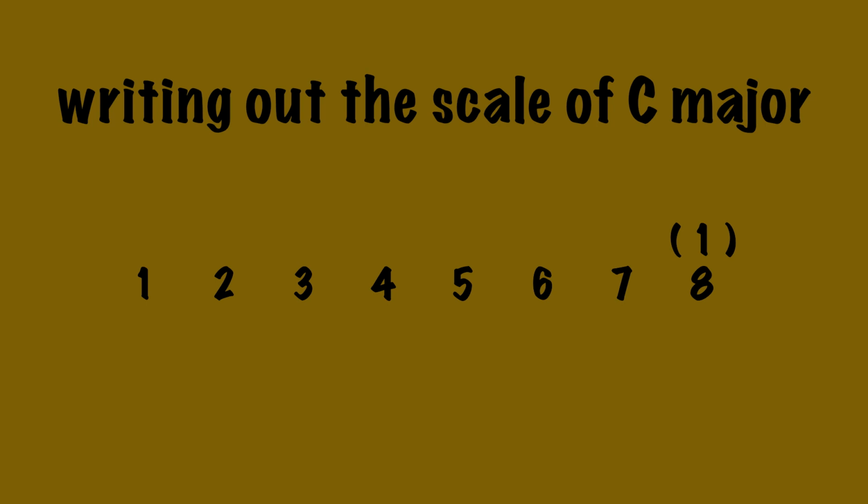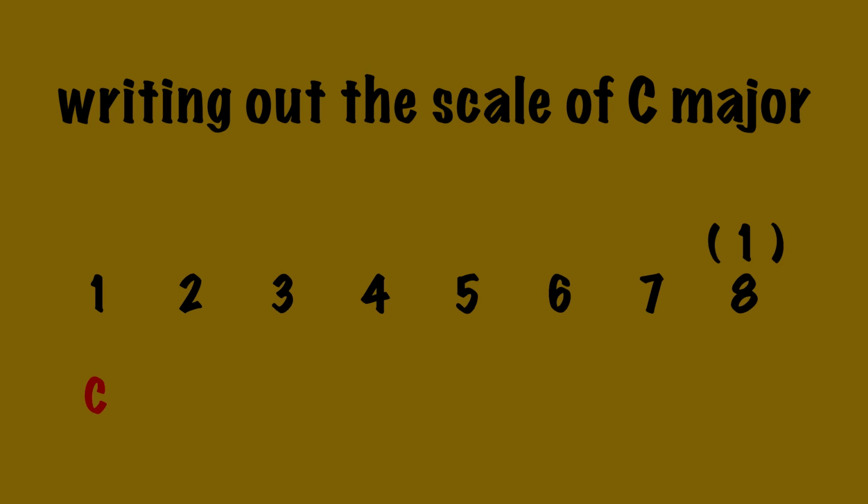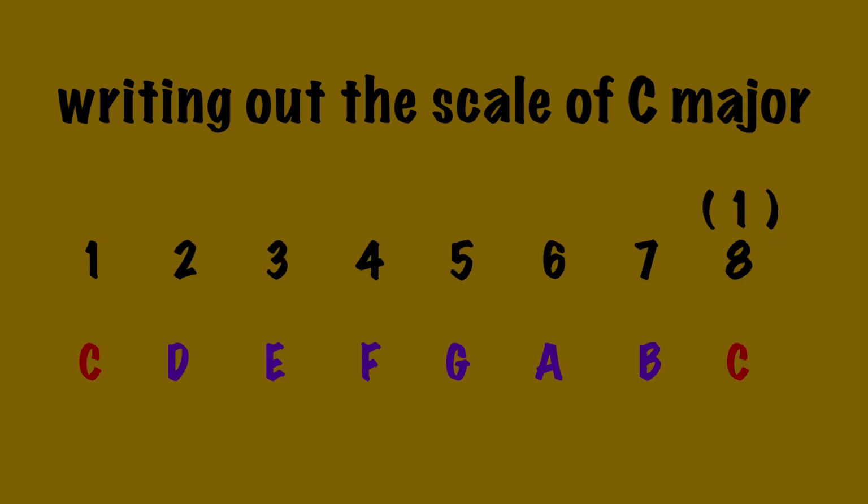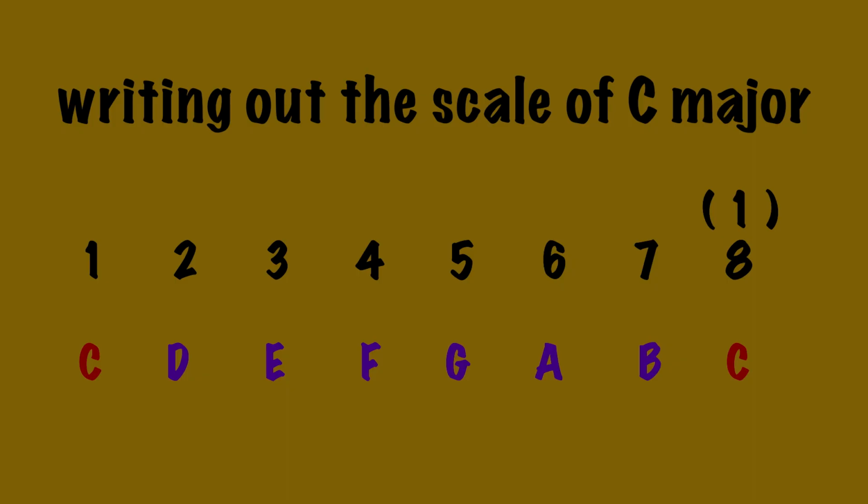So for C major, our first note is going to be C, and from there we want to write out our musical alphabet starting from the letter C and finishing on the letter C. And then we can check that we've got 8 notes and that each of the letter names are different apart from the first one and the last one, which should both be C.